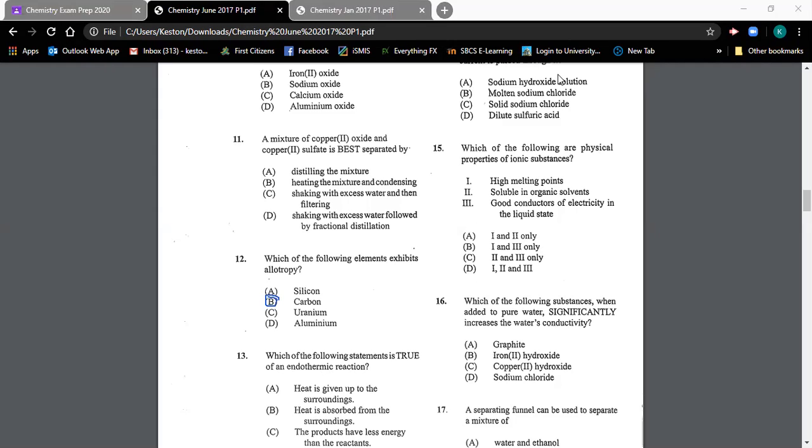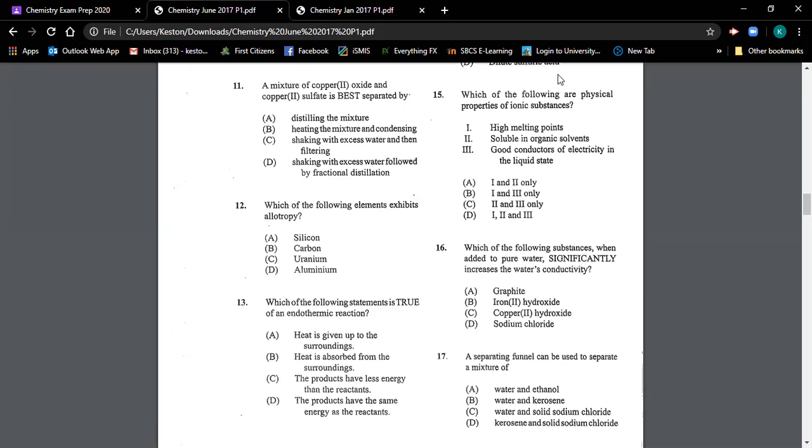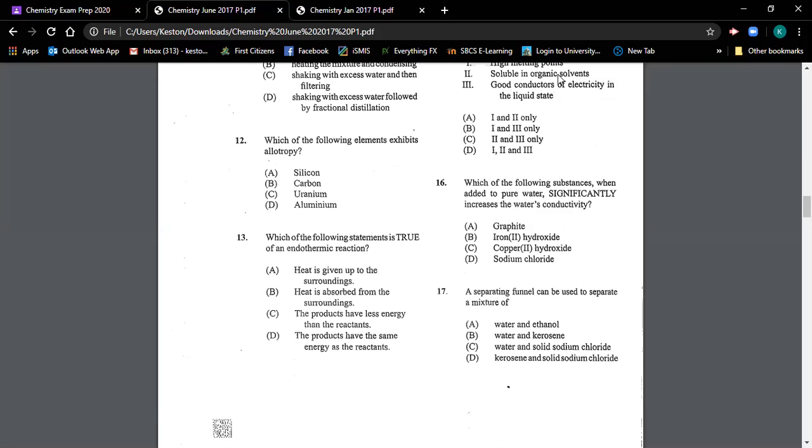Number 13. Which of the following statements is true of an endothermic reaction? Endothermic. Remember, exothermic, think exit, and endothermic, think enter. So you're going in when you enter, and exothermic, exit, you're going out.